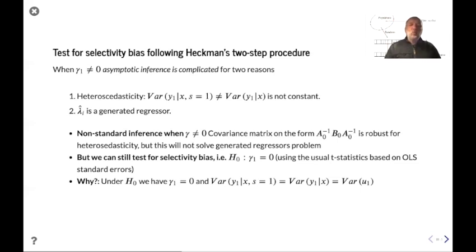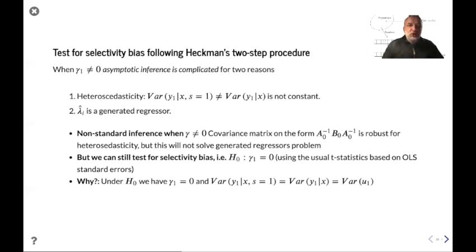but when gamma is different from 0, and you're following this two-step procedure, well, then asymptotic inference is actually complicated for two reasons.